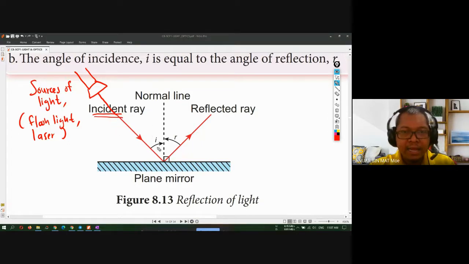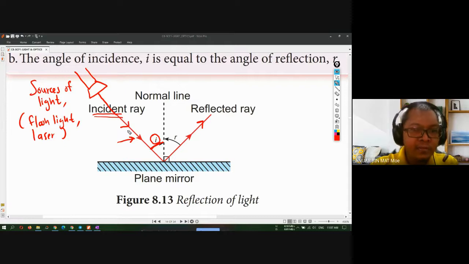Okay, and then where is the angle? We calculate the angle of incident ray here, and we write it as i. i is incident ray. And then this is the reflected ray. You must also notice the arrow over here, the direction. The direction of the arrow is like this, meaning that it is an incident ray, or the source of light, where the light is coming from.